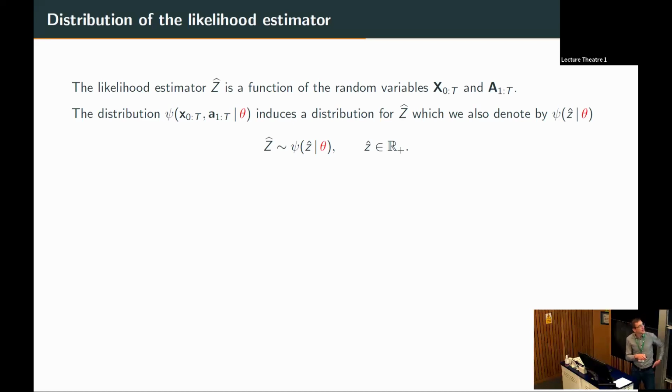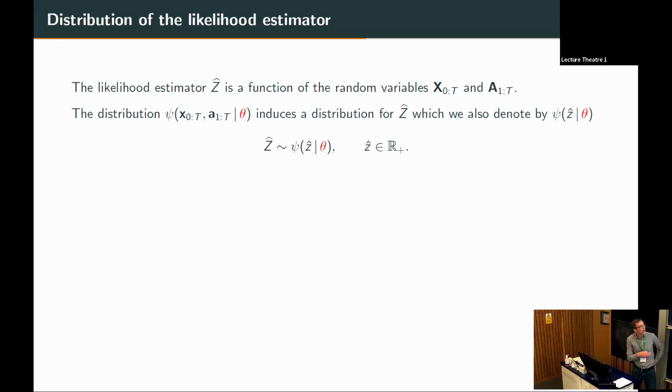In particular, this is a distribution over the positive real line, because the estimate of the likelihood is a real number, and it's a non-negative real number by construction because all the weights are positive. So we get an induced distribution over the positive real line. And again, running the particle filter once, computing this likelihood estimator can be thought of as generating one sample from this.